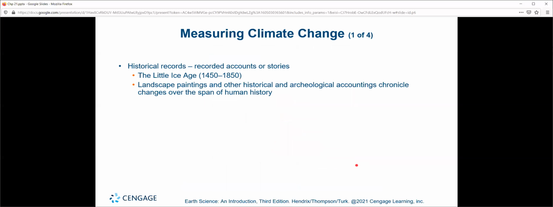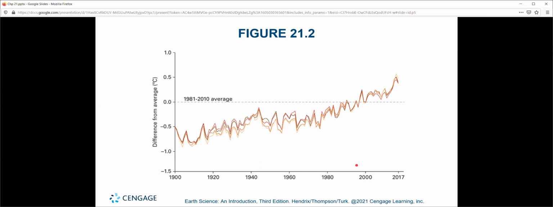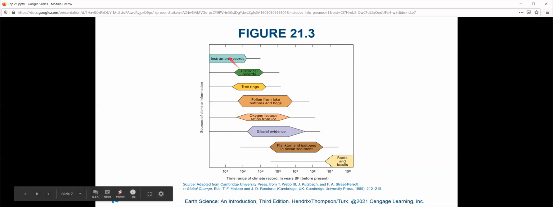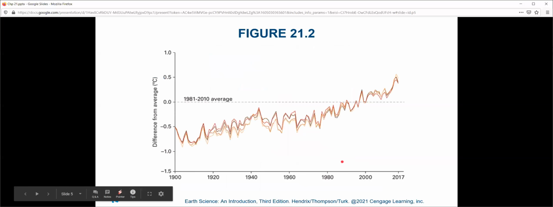So these sources of information can give us these charts. This is predominantly instrument record, as said there. We don't need to use tree rings because I have a thermometer outside, right? These guys here dig into all of this and then lead into rocks and fossils.